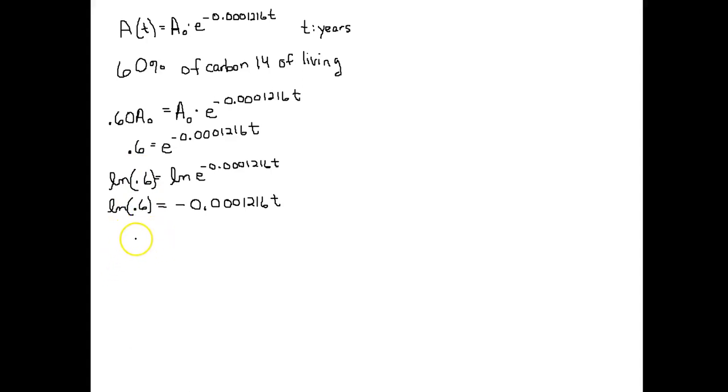All right, then to finish solving for t, we're going to take the natural log of 0.6 and divide by negative 0.0001216 and see what that comes out to. I'll let you do that in your calculator there at home. And I'm going to do it in my calculator here in my hands.